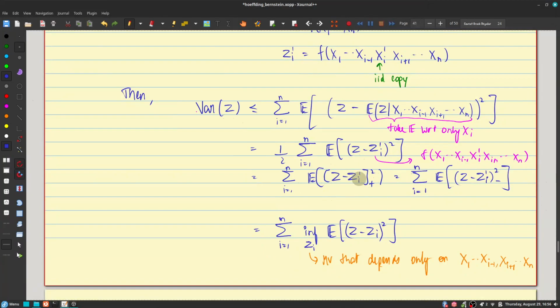And what is (Z minus Zi prime)+? Zi prime is the random variable obtained by replacing xi with an independent and identically distributed copy, and plus is the positive part. So I want to get a bound on this quantity, which will eventually give me a bound on the variance.